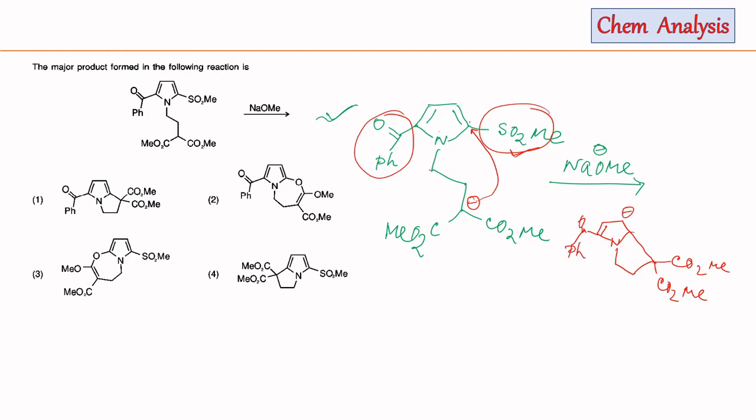Here will be the anion, and in the next step the anion will form a double bond and the SO2Me group will eliminate, and the final product will be this one.